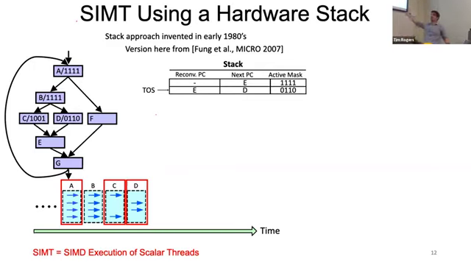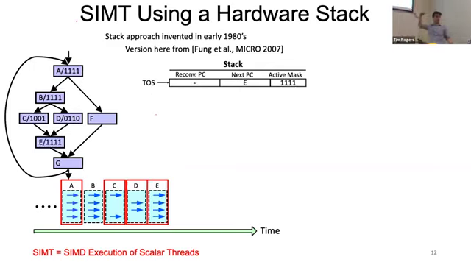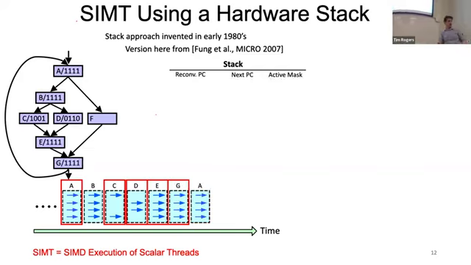Then the next PC will also equal E after it's executed D, so we pop that entry off as well. And then we're back to the very top of the stack where we just have one entry and everyone's happy again, because we're all going to execute E together. Then we'll all execute G together, and then potentially go back and do A and start the whole thing all over again.